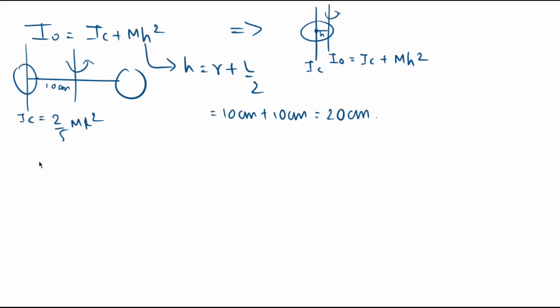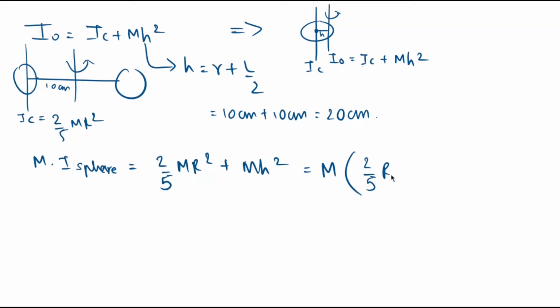So let's calculate the moment of inertia of the sphere for the axis which is passing through the center and perpendicular to the length of the dumbbell, not from the center of mass of the sphere. This can be given as 2/5 M R squared plus M h squared. Taking M outside, 2/5 R squared plus h squared, where h is 20 centimeters, so 20 squared.